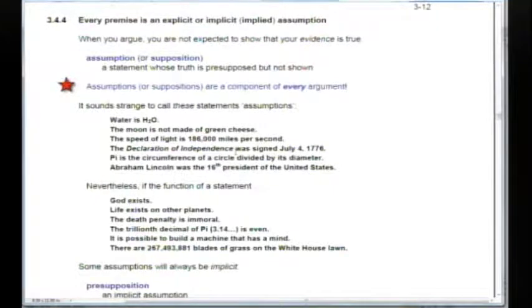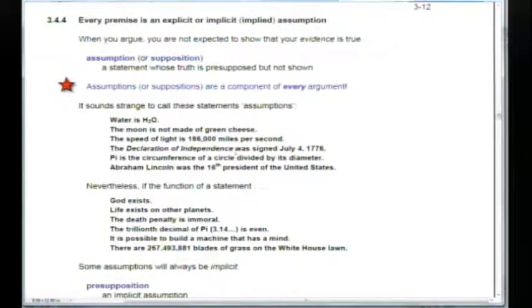The next point here, I will pause for just a second, is that every premise in an argument is an assumption. The stated premises, the ones that are explicit, are, well, explicit assumptions. Calling something an assumption is not to call it a bad name. Now, think about that for a second. When you argue, your job is to show that your claim is true.